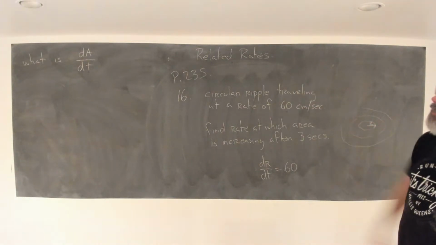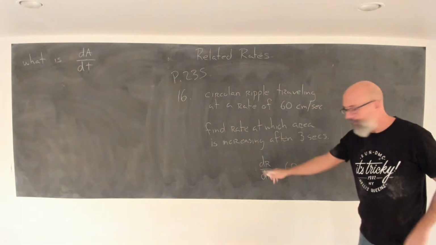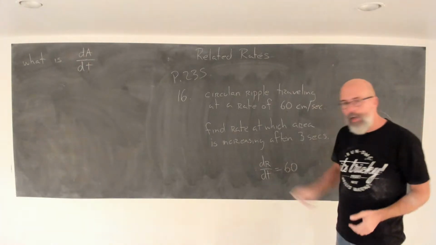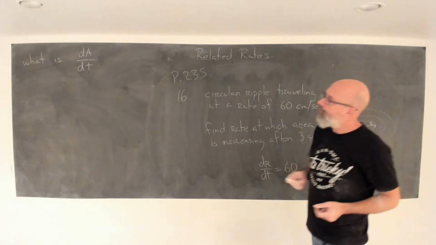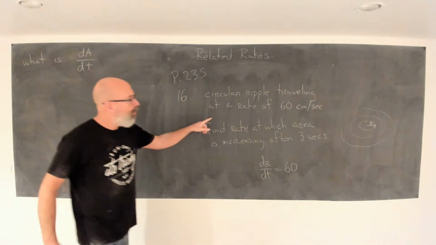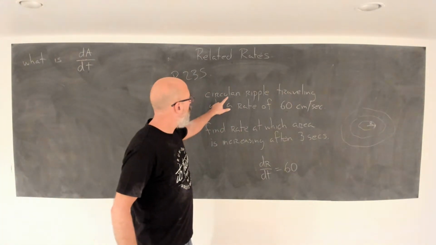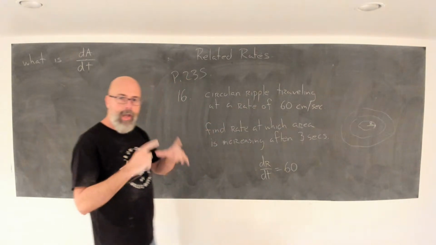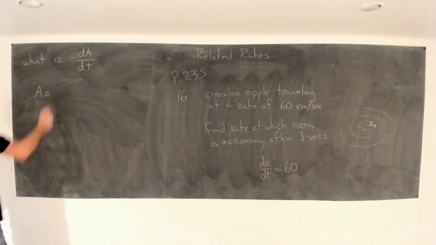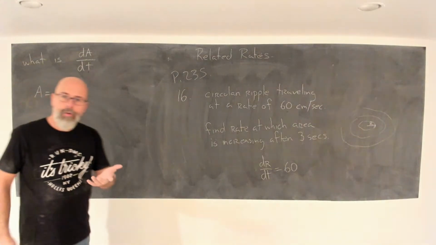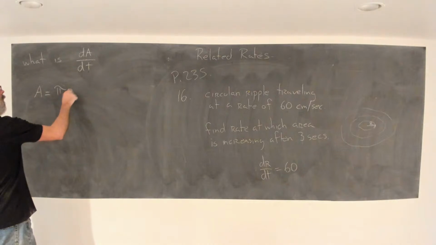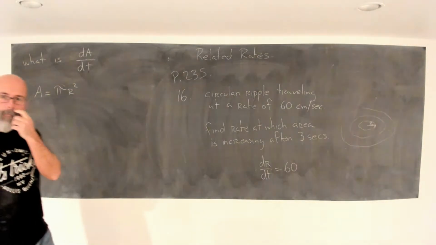So what is dA/dt? Well, if we can relate the area with the radius, can we find a relationship between the area and the radius? And as you know, you've got a circular ripple. So the area of the circle, what's the area of a circle? Area is pi r squared.